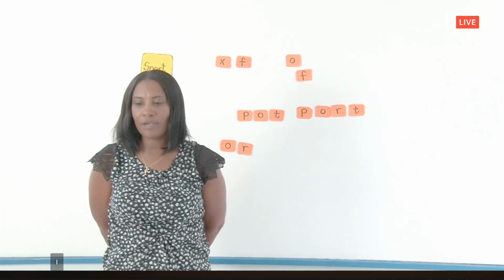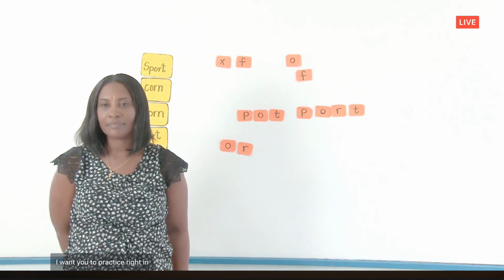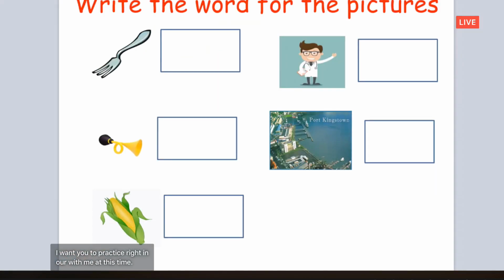I want you to practice writing OR words with me at this time. So it's your turn. Now that you know the sound, you are going to grab your pens and your pencil and you're going to write on your own these OR words. So let's take the first one.